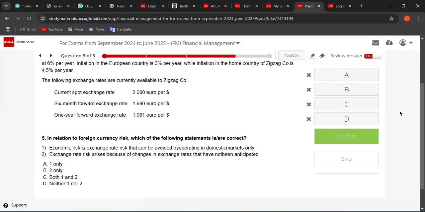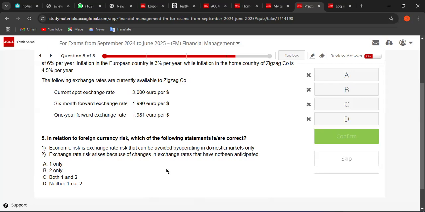You are not sending the products abroad, but maybe your competitors are sending products into your country more cheaply than you. So people will start to buy from your competitors, not from you. So economic risk is always there.